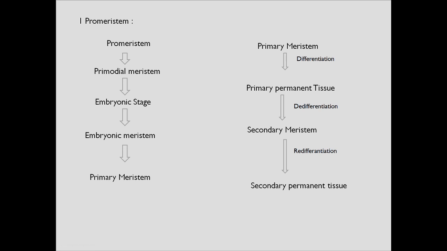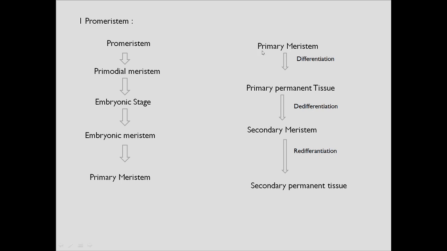Before we go to primary meristem or secondary meristem, we should know about the channel of primary meristem and secondary meristem, that is, how the primary meristem is formed and how the secondary meristem is formed.